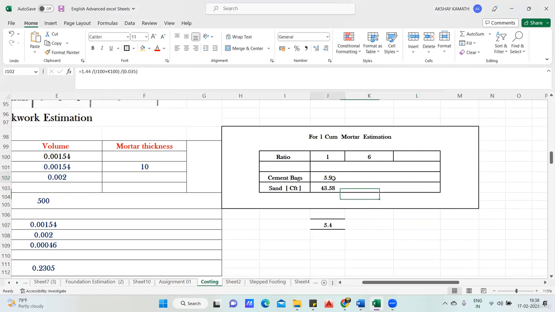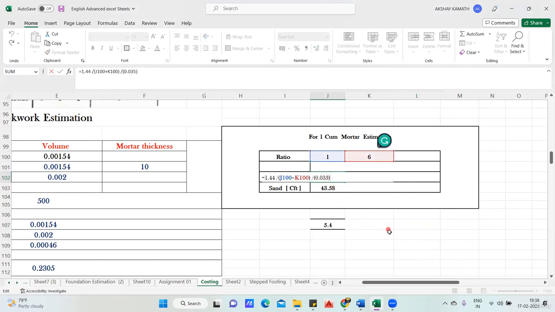Simple. So I'll do it here if you want. Again the same calculation: 1.44, the conversion factor, multiplied by 1, that is for mortar of 1 cubic meter, multiplied by the cement volume, that is 1.